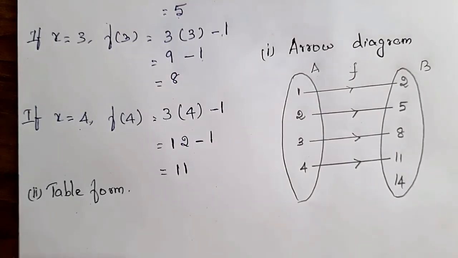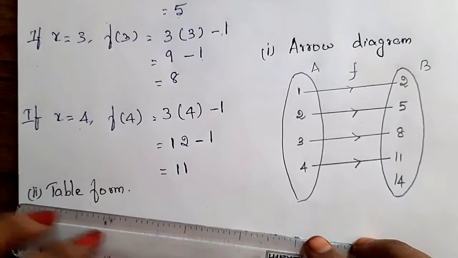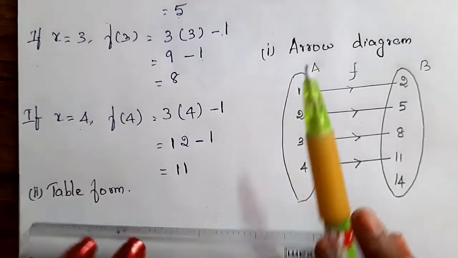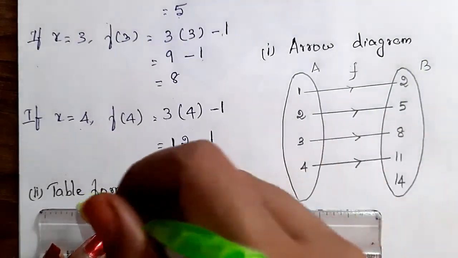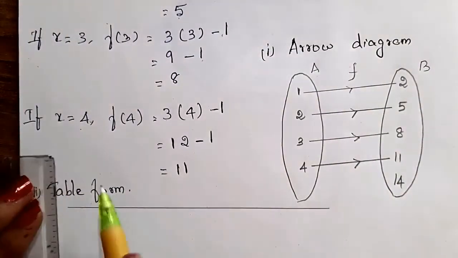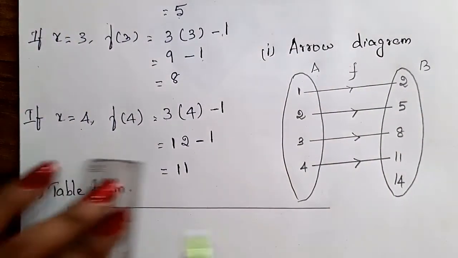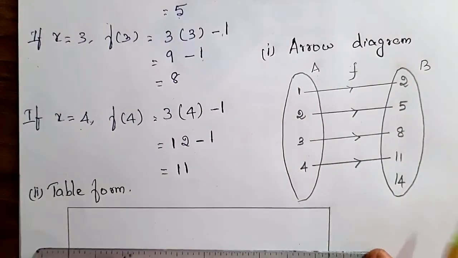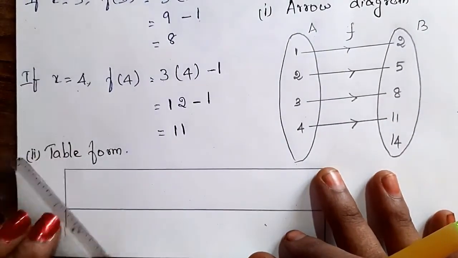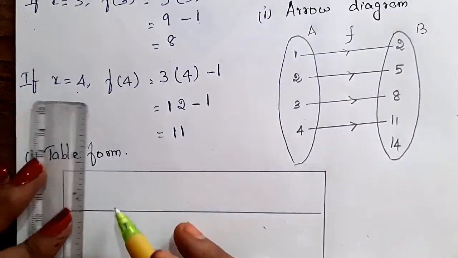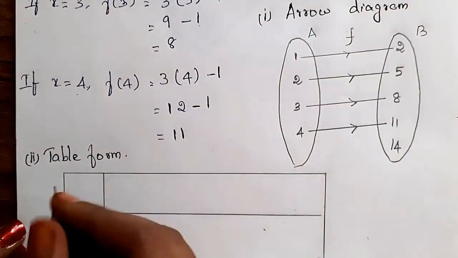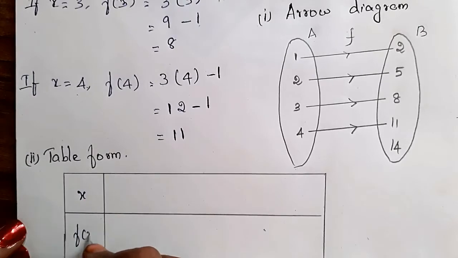To draw the table form, first you can draw a table for x and f of x. This is x, this is f of x.